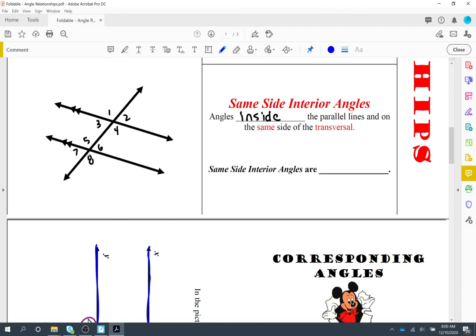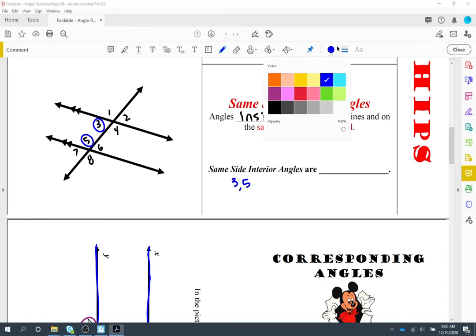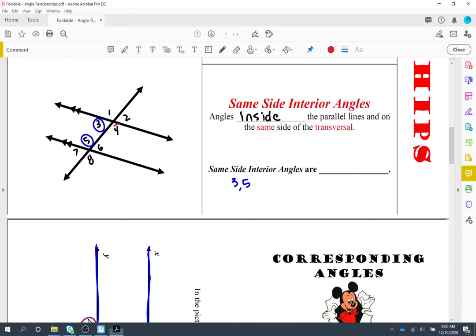Okay, this is inside, and they have to be on the same side. So notice 3 and 5 are on the same side, so they are same side interior. If we go to the other side, we have 4 and 6. They're inside on the same side. They're both on the right. So 4 and 6.